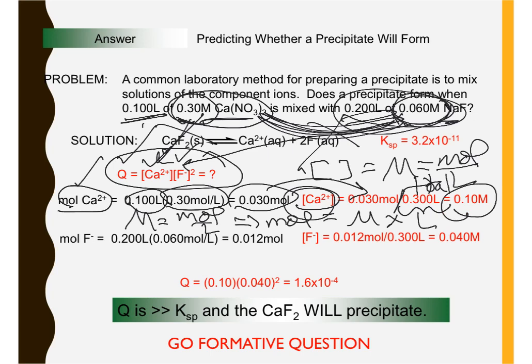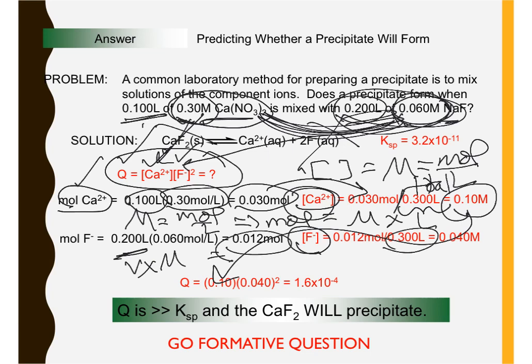And here is the new concentration of the calcium ion. We do the same to calculate the concentration of fluoride. And that was volume times molarity. And that gives us the moles of fluoride. Again, divided by the total volume of the two solutions.